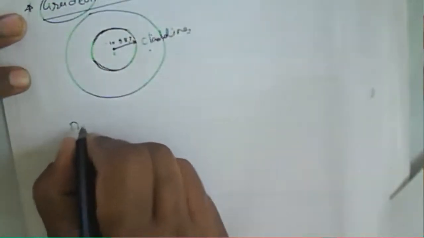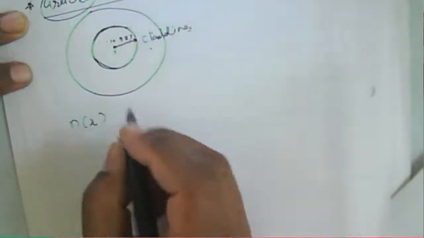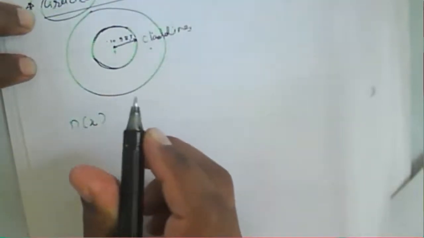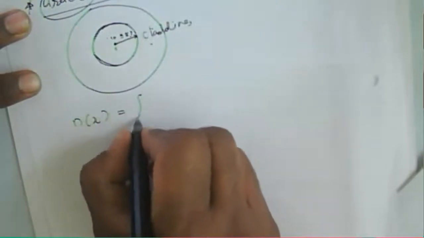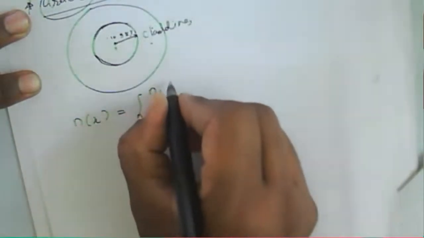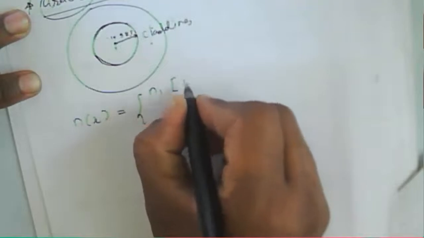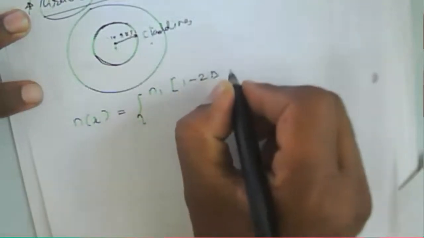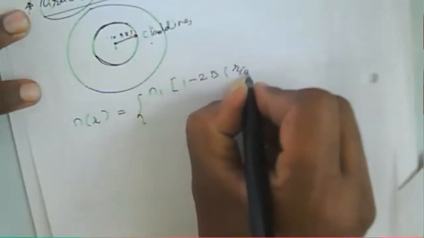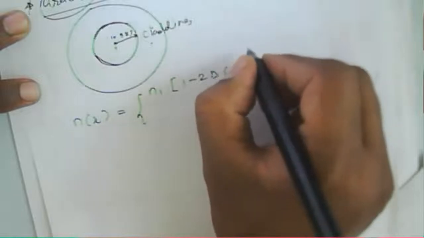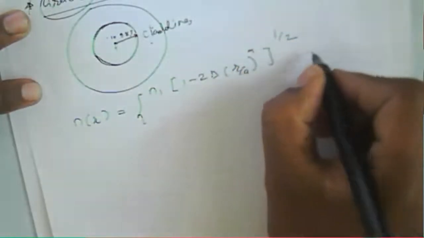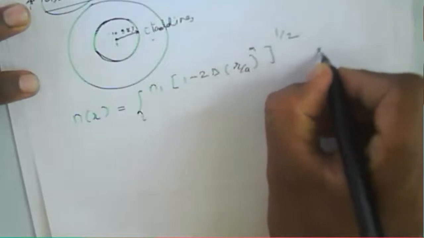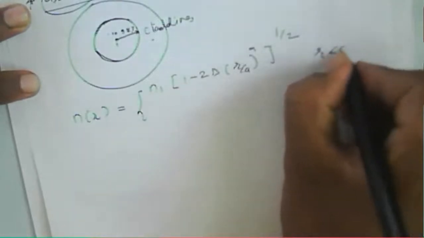So what is the refractive index profile with respect to the radius of the fiber? n of r is equal to n1 times (1 minus 2 delta times (r by a) raised to alpha) raised to 1 by 2, when the radius r is less than a.